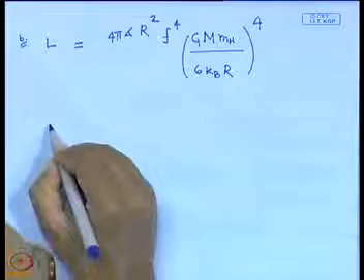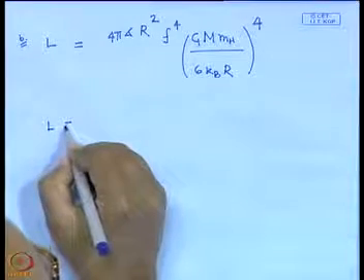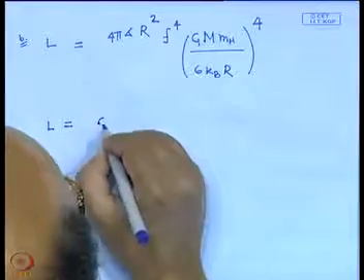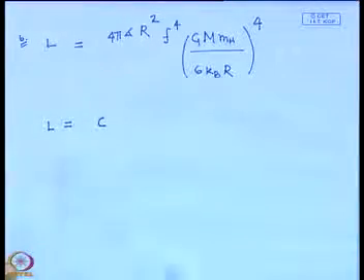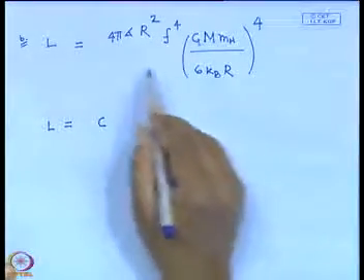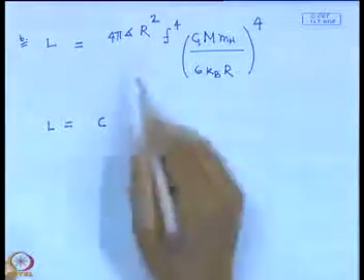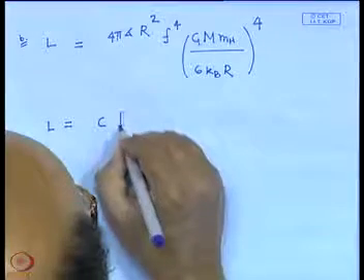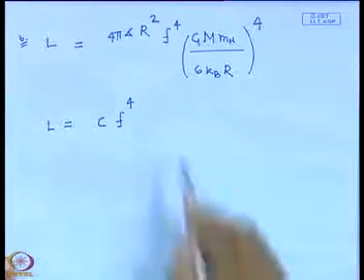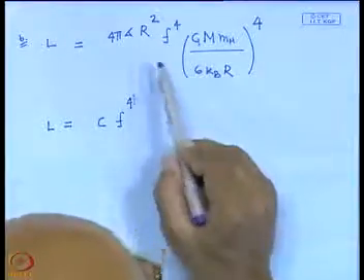So, the luminosity can be written as some constant C, whose value you can work out by taking all the coefficients over here, all the constants, into f to the power 4 in what is the dependence on the mass.